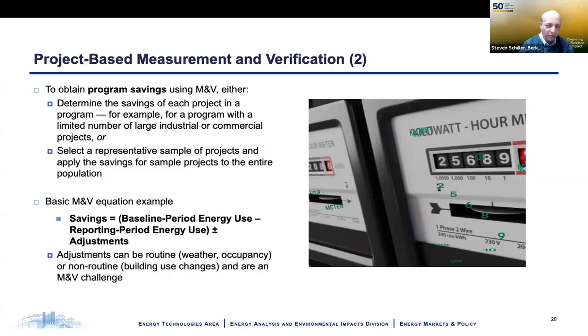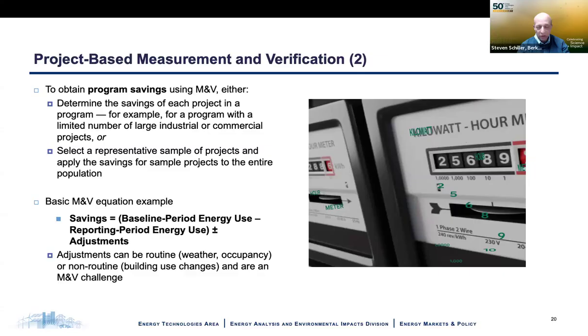And your basic measurement and verification equation here, I think perhaps the one equation in my presentations, is that your savings is equal to the baseline period energy use, that estimate, minus the reported period energy use, plus any adjustments that might have to be made. And those adjustments can be routine, such as changes in weather or occupancy, or non-routine because the building use changed.